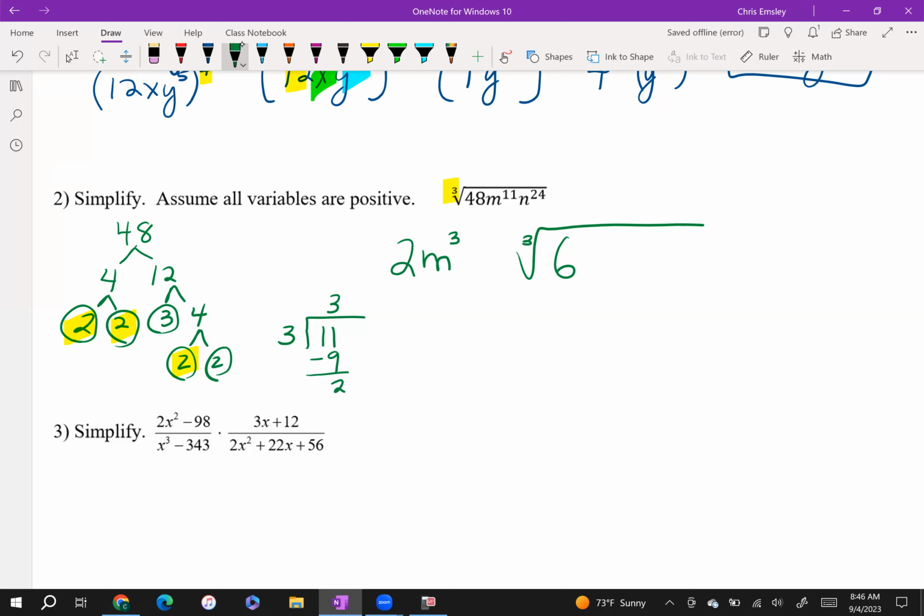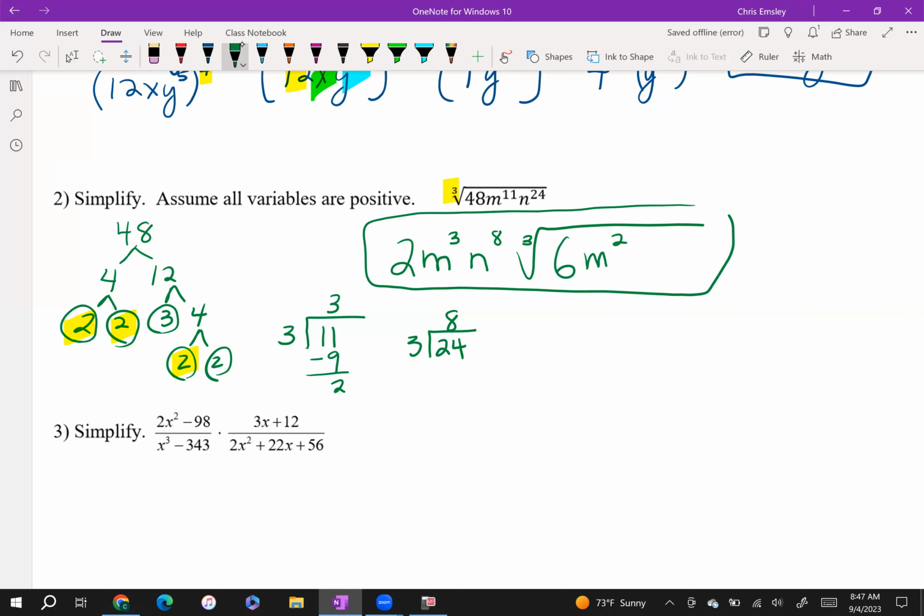So there are still 2 left inside. We need to answer the same question for n. How many sets of 3 are in 24 n's? And that comes out nice and even. There are 8 of them. So n to the 8th comes out, and that is our final answer.